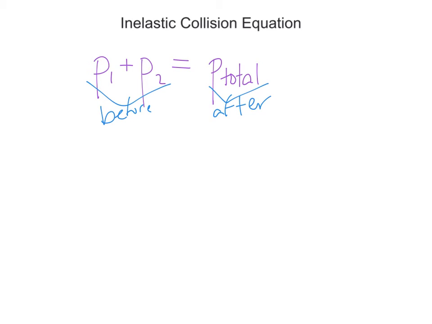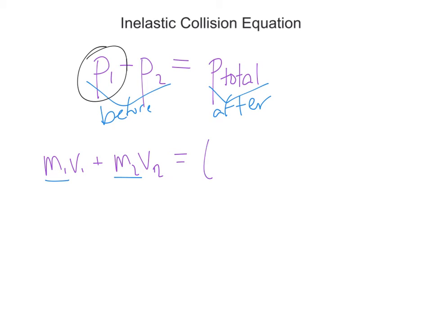If we wanted to break this down even more and get more detailed, we can substitute just like we did for the other one. We have the momentum of object 1, which will be the mass times the initial velocity of object 1, plus the mass of object 2 times the initial velocity of object 2. And now, because the two objects have locked together, we take our two masses and combine them.